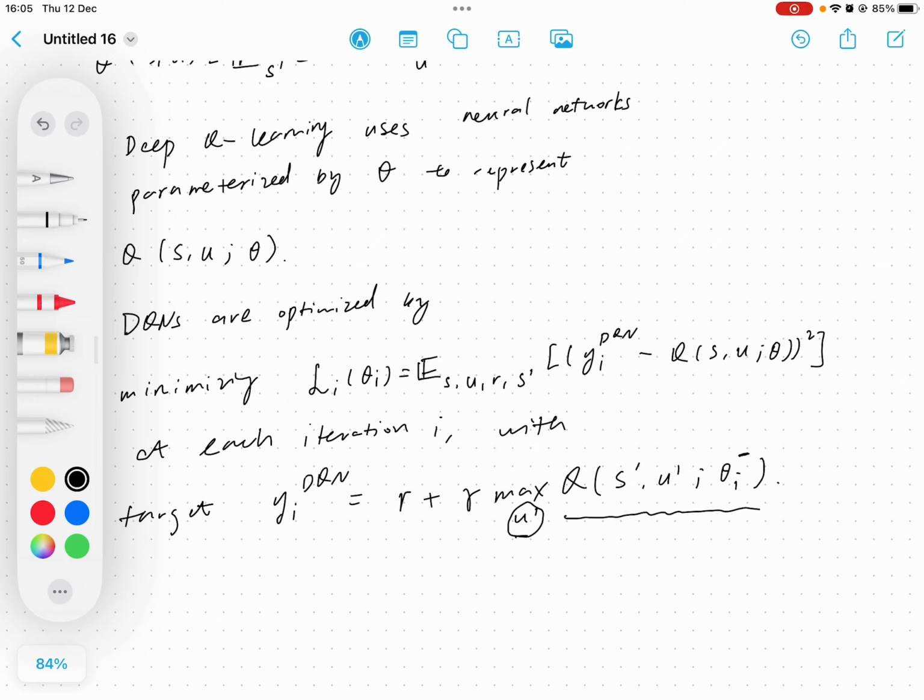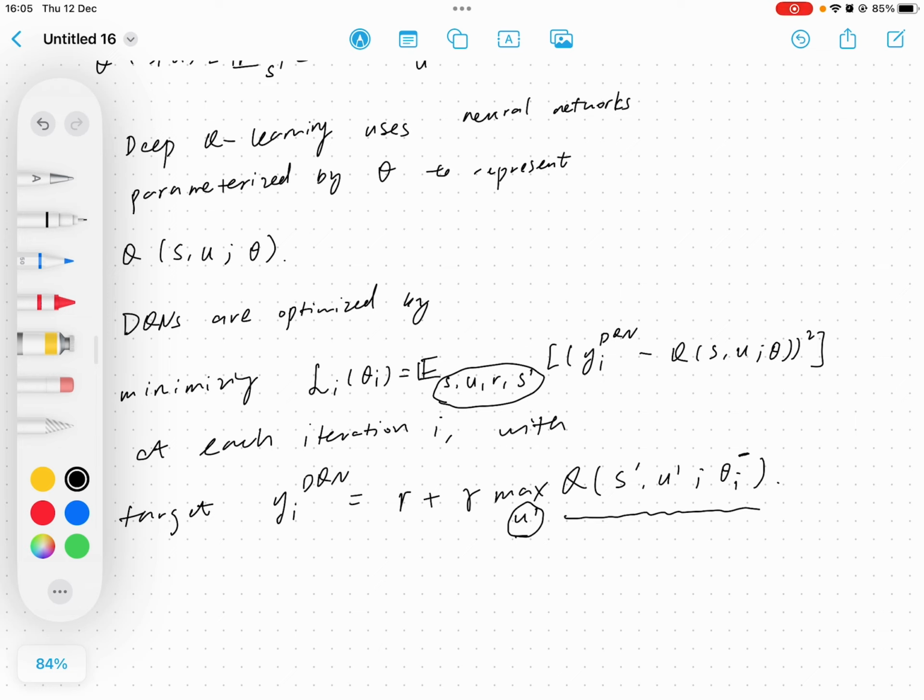You will see in this algorithm that it is uniformly sampled from the so-called experience pool or buffer. If we select all those adjacent experiences, there will be a problem of correlations. So we simply uniformly sample those experiences: S, U, R, and S prime.